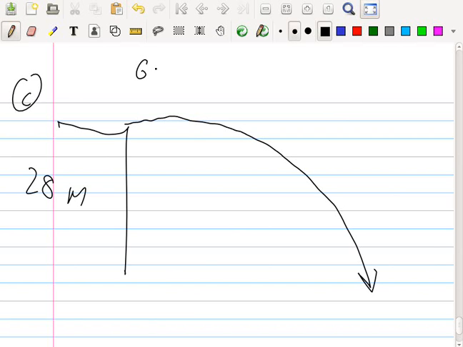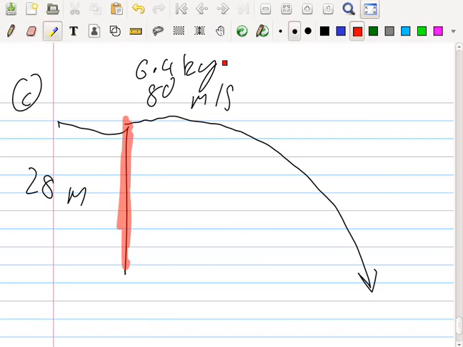It is 6.4 kg, and its velocity is 80 meters per second. How long does it take to hit the ground? So, what formulas? The SUVATs. Now, I'll look at the vertical first. So, vertically, what's the U? Very good.